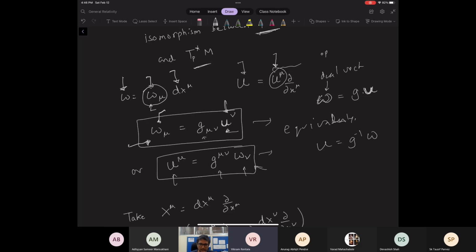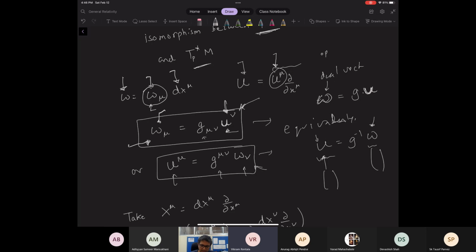But it's important if you write it in matrix notation like this, one important thing that you lose is, because this is a column vector and this is a column vector, you lose track of the fact that these are vector components and these are dual vector components. So it's important to keep that distinction, and the index notation helps you with that.